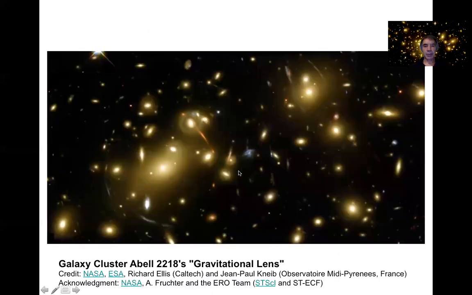So let me just show you a picture of what lensing due to a cluster of galaxies looks like. It's not as neat as that individual little Einstein ring that we saw before. Here, all of these orangey objects, the fuzzy ones, are the cluster of galaxies that is actually doing the lensing in this case.